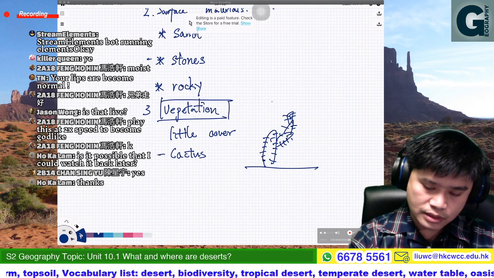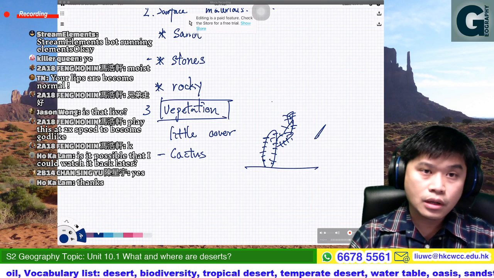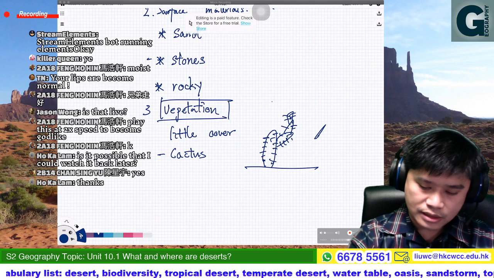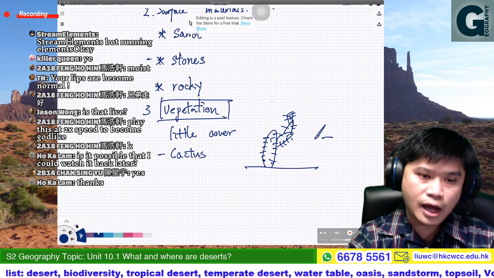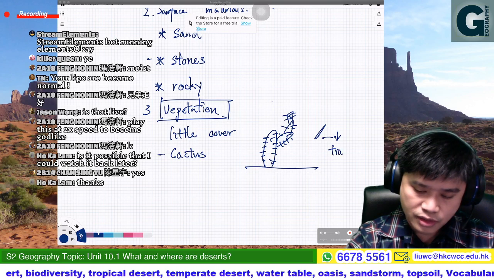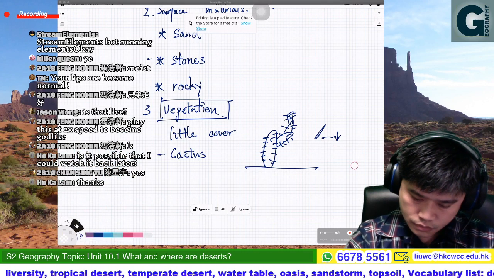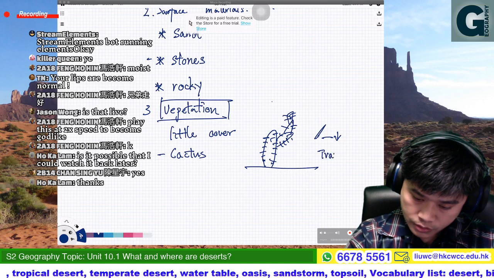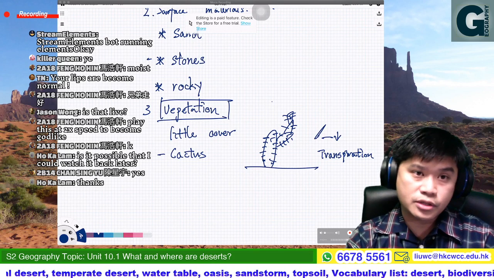If the leaves grow like a needle, one advantage for the plant is that it can help to minimize the process of transpiration.